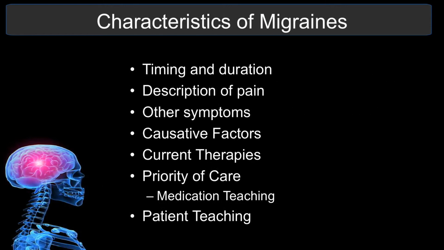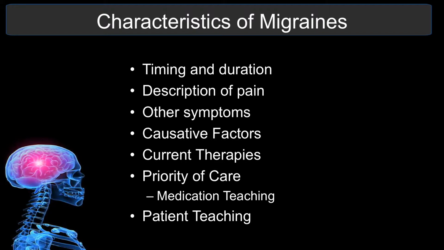To review, in order to properly care for the patient with migraines, you need to understand how the timing and duration manifests itself, including key features such as the phases with aura, including first or prodrome phase, the second and third phase, and even remembering that there can be migraine without aura.